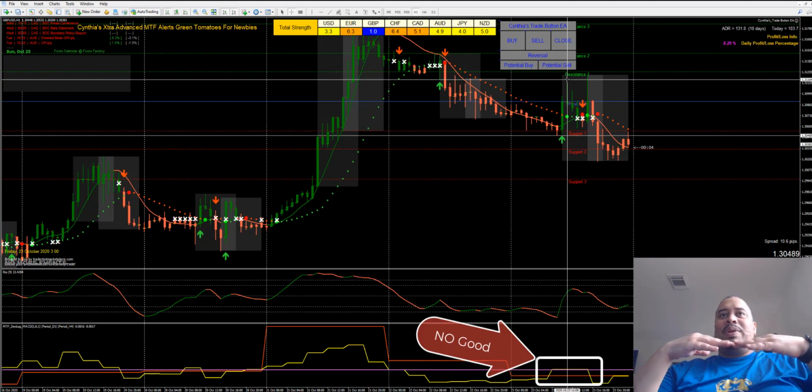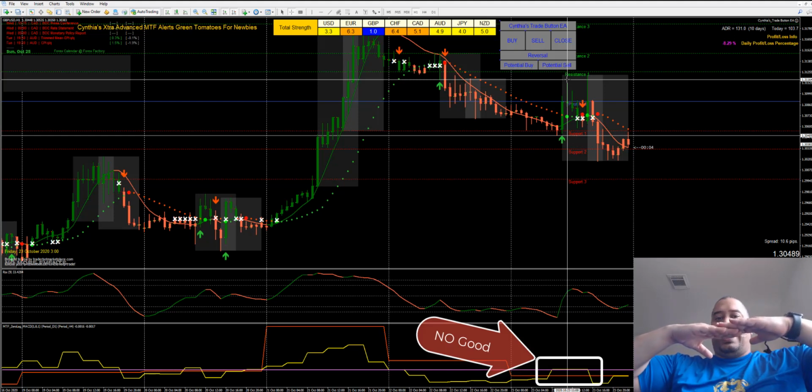And from my past experience, you do not want that 4-hour yellow window touching the purple line, because it means it can go either direction. You either want the yellow 4-hour window to be above the purple, or below it. Even if the yellow was touching barely underneath the purple line, that's a no-go.